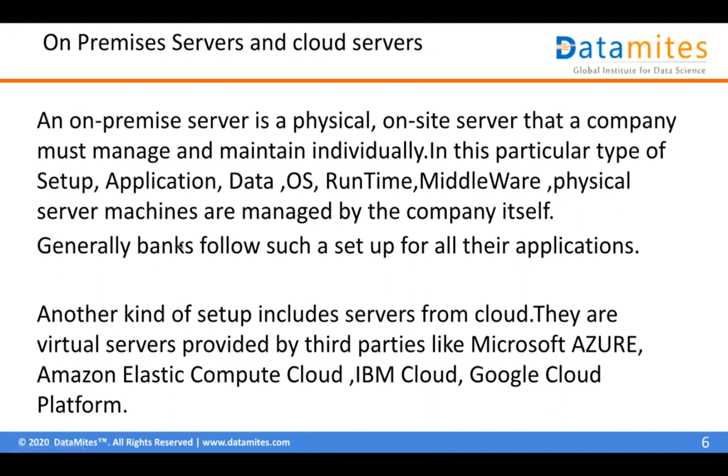Just the way I have explained the on-premises server, the company can manage and maintain them. Okay. So everything, they do the setup, application, data, everything. Basically, they decide. Okay. And the clouds are basically Amazon Elastic Compute Cloud, IBM Cloud, Google Cloud. All these are the popular cloud services available.